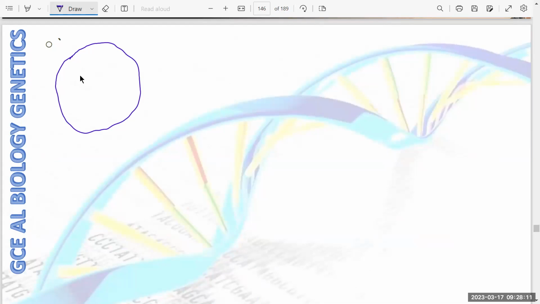According to probabilities, if everyone gets an equal chance, having capital A, small a, both express a purple color. Let's say blue color, because one dominant allele can make the blue color. And a recessive one gives the white color.